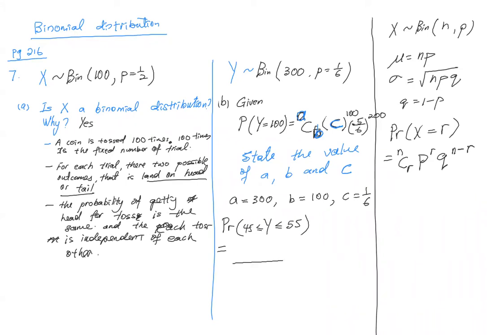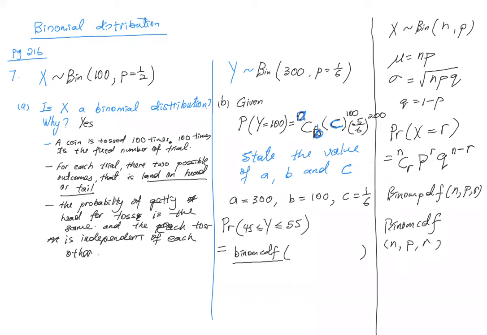There are only 2 things that you can use: binom PDF or binom CDF. Okay, CDF. I write down binom CDF. What must I fill in? Binom CDF, you must know you have to fill in N, P, R. What is the meaning of binom CDF?